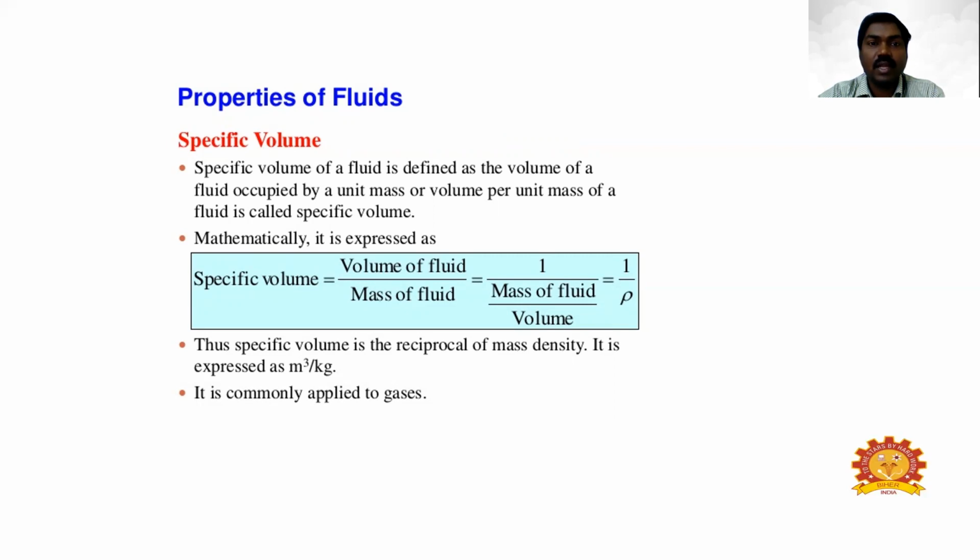We can also express it as 1 divided by mass of fluid divided by volume, so 1 by rho. The specific volume is the reciprocal of mass density. It is expressed as meter cube per kg. It is commonly applied to gases.